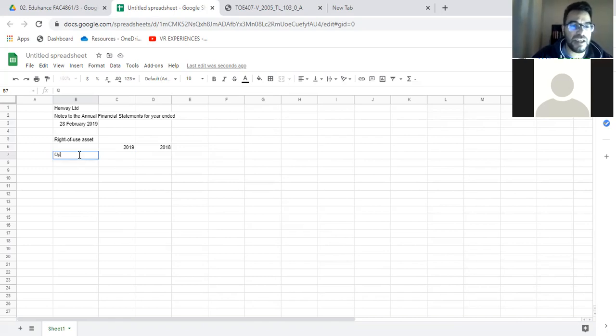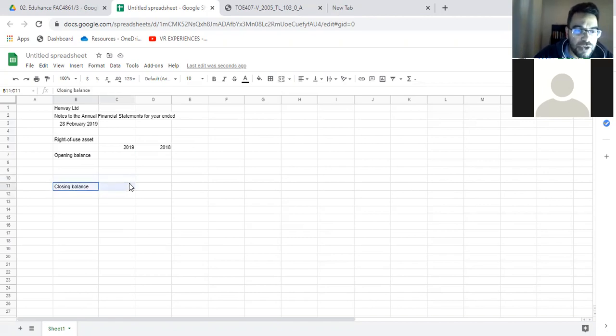So we will just have basically opening balance, and then we're going to have closing balance. So we need to provide an explanation to the users of financial statements to explain to them how this balance moved, because we want to provide users with information that is useful, relevant, and faithful, right? So that they can make decisions that are useful. Okay, so that is important to take note.